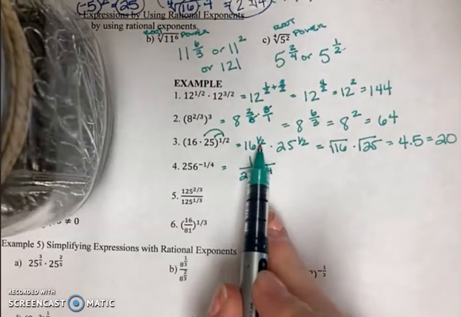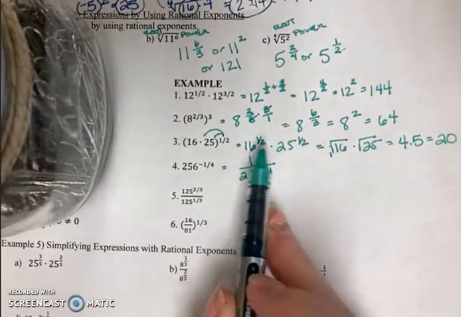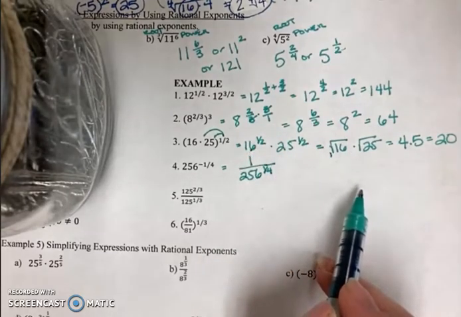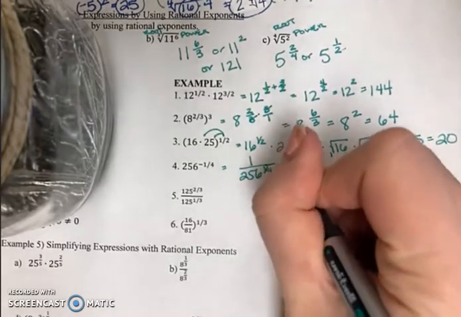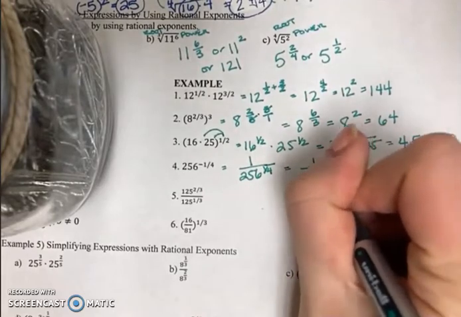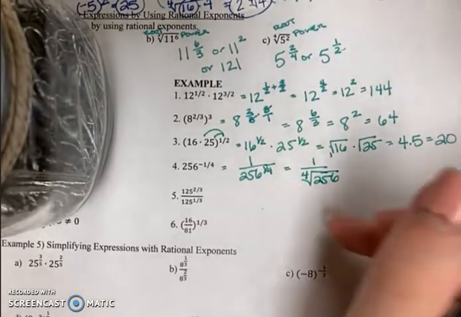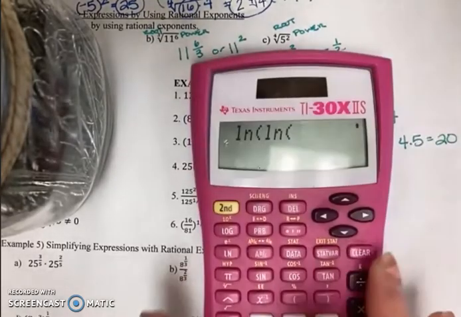Now, if 1/2 is a square root, so 1/3 would be the cube root, 1/4 would be the fourth root. So you basically just ask yourself what to the fourth power would give me 256.